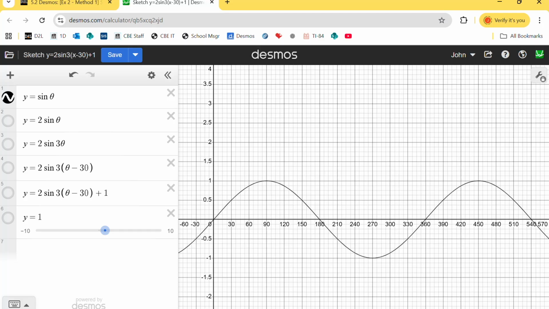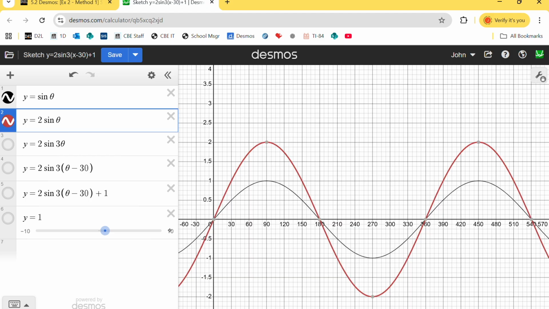So right there, you can see the amplitude double here. So 91 goes to 92. Okay, let's stick with that one.